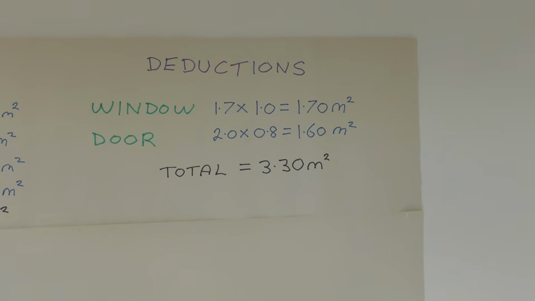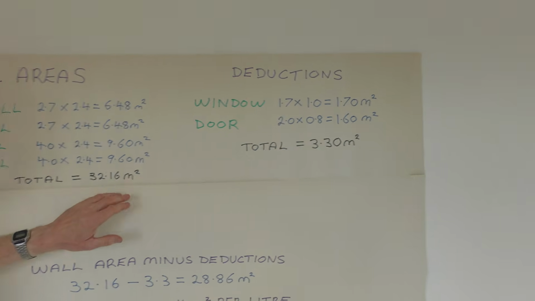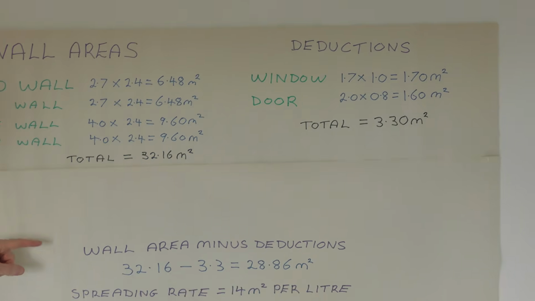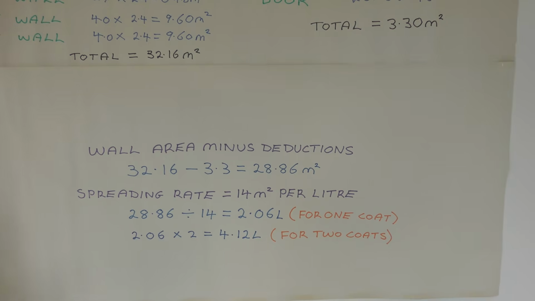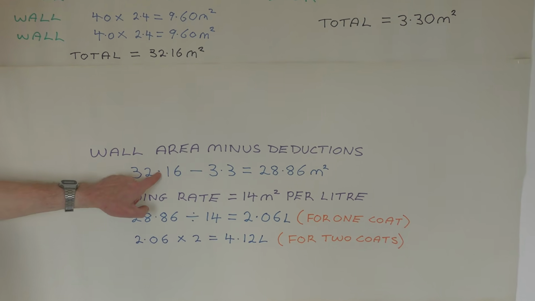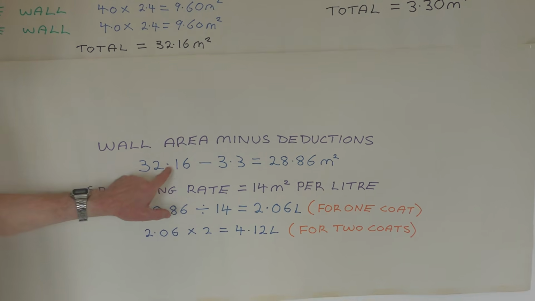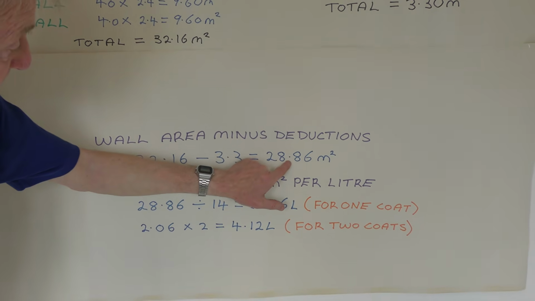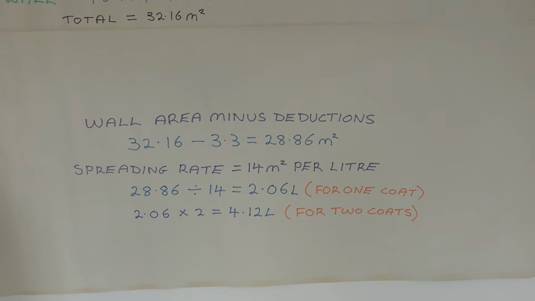So what we need to do now is take that area away from the wall area to see what we've actually got to paint. I've written here wall area minus the deductions. So our wall area was 32.16 metres squared. Deductions 3.3, so take the 3.3 away from that, gives us a total wall area to paint of 28.86 metres squared.